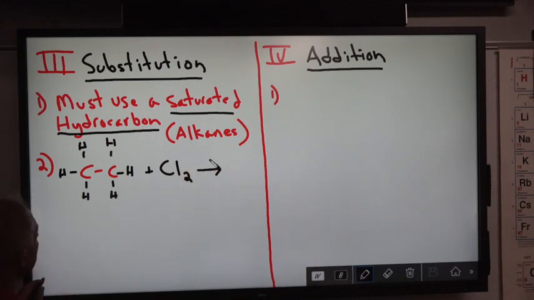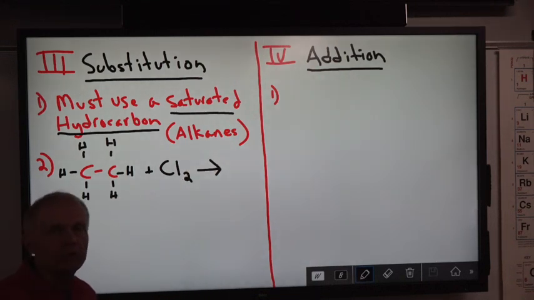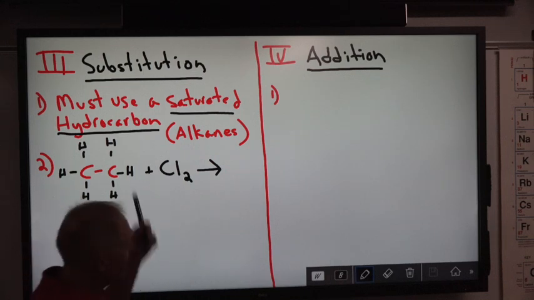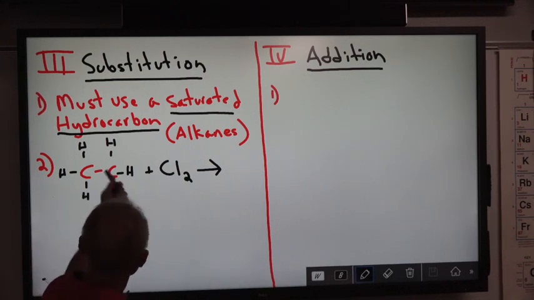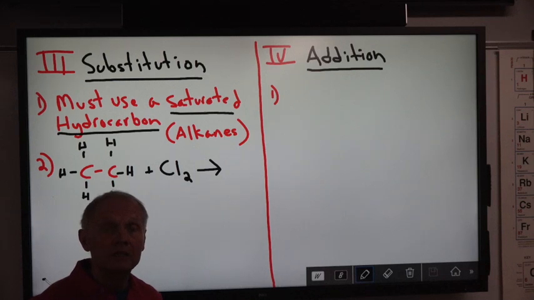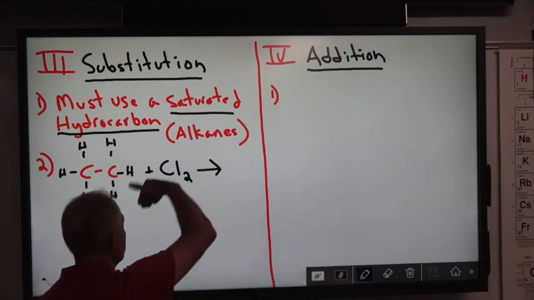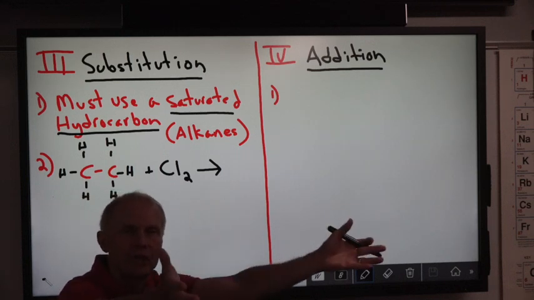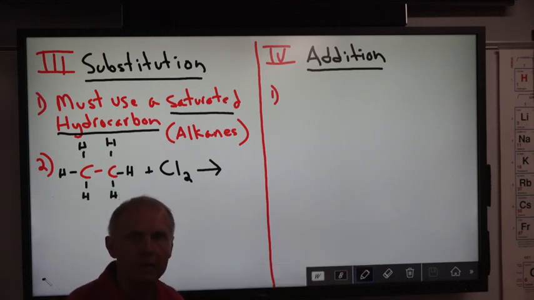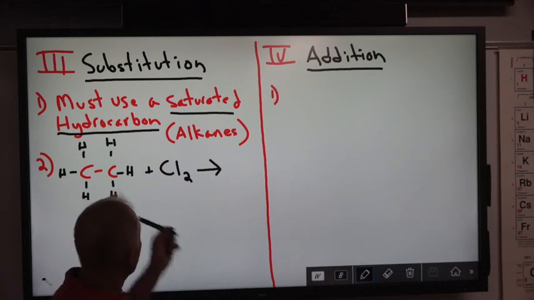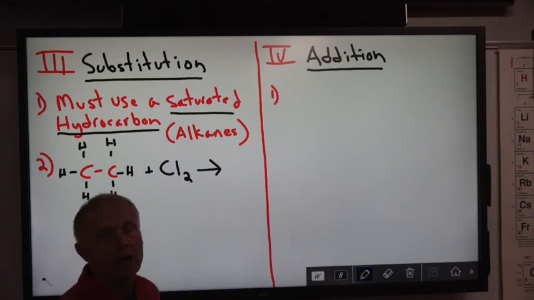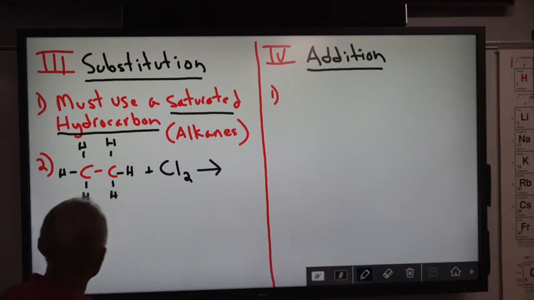So what I want to do is I want to substitute the chlorines. So if I put those two chlorines into that alkane, something has to come out. So in other words, I'm substituting. I'm putting in the chlorines, and hydrogens have to be blown out of the structural formula. So what happens here is this. Here are my two products. I would get this.